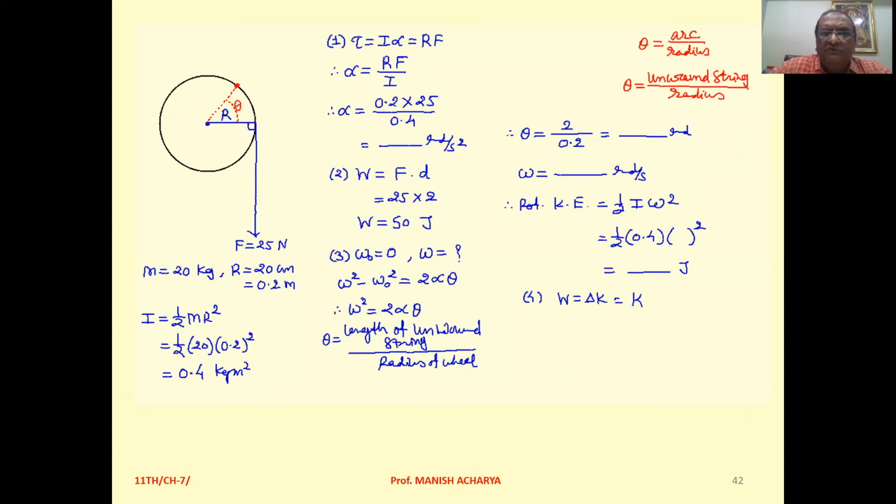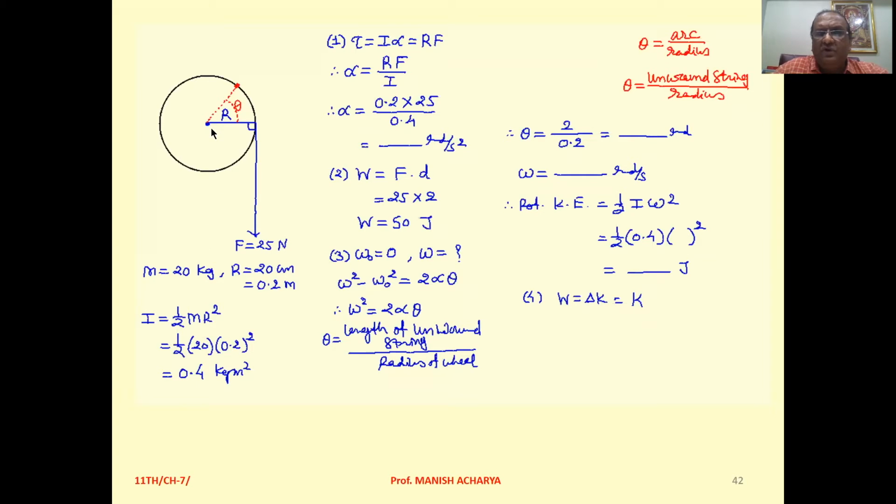Now first of all we have to calculate the angular acceleration. Mass of the disc, meaning flywheel, is given as 20 kilogram, and radius is 20 centimeter, so 0.2 meter. This much information is there.